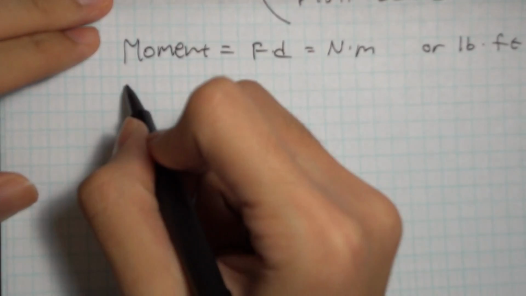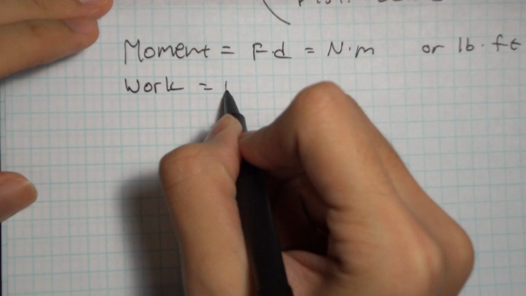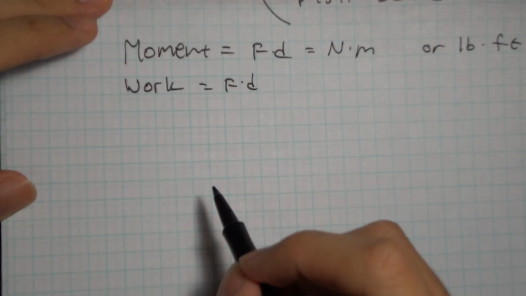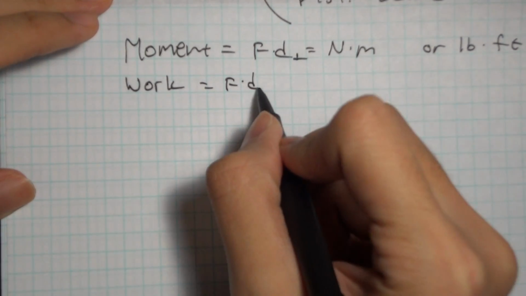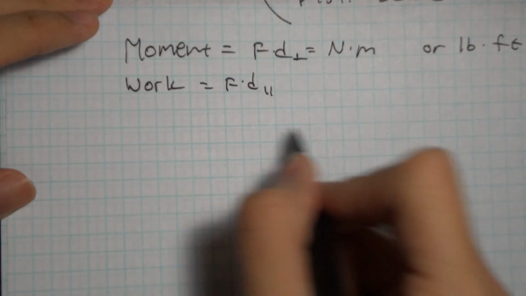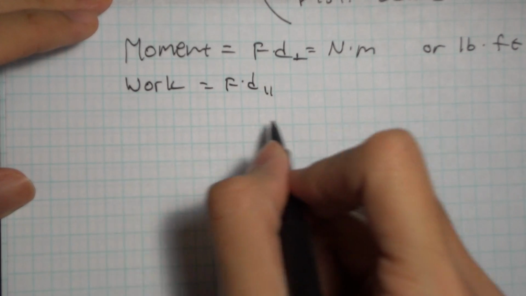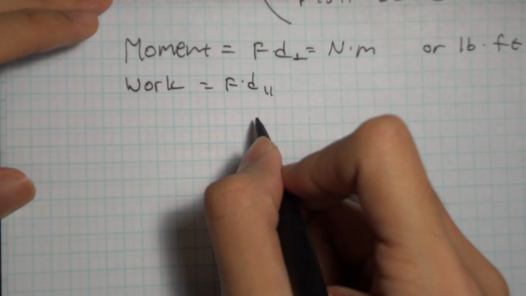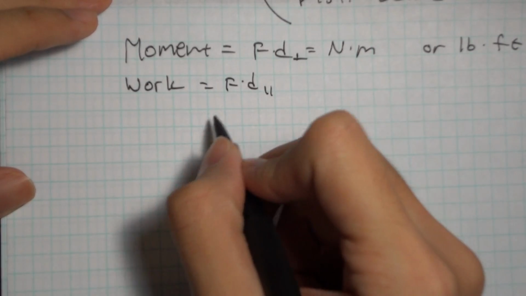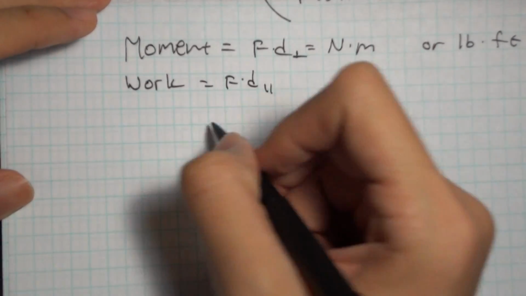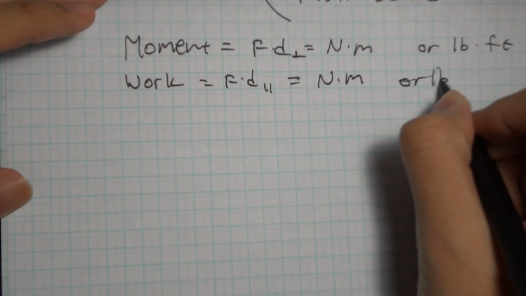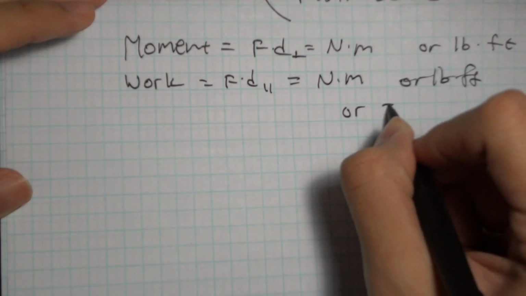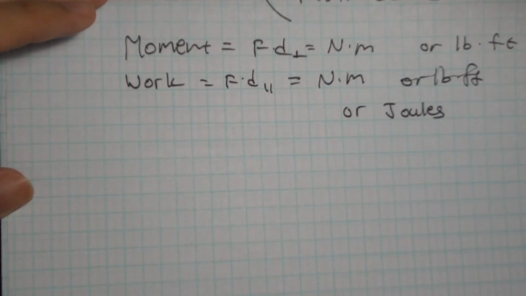You also have work, which is also force times distance. This is perpendicular distance. This is parallel distance. This is Newton times meter, or pound foot, or joules. And what do I mean by perpendicular distance?